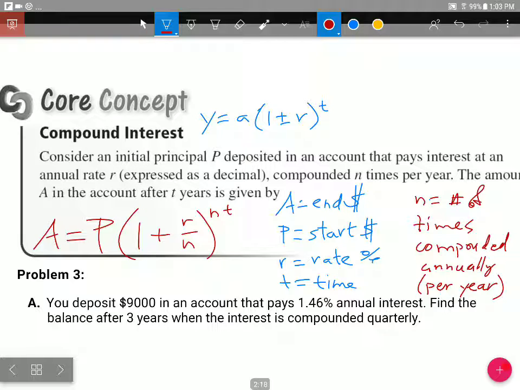Compounding interest goes like this. Most of the time, if you have a credit card or a car loan or a bank loan or whatever, they're going to compound interest monthly. They're not going to do it once at the beginning of the term or once at the end of the term. Basically, like every January, February, March, on January, they're going to calculate the interest and add it to your balance. Then the next month, they're going to do it again, calculate the interest, add it to your balance. And again in March, then again in April, then again in May.